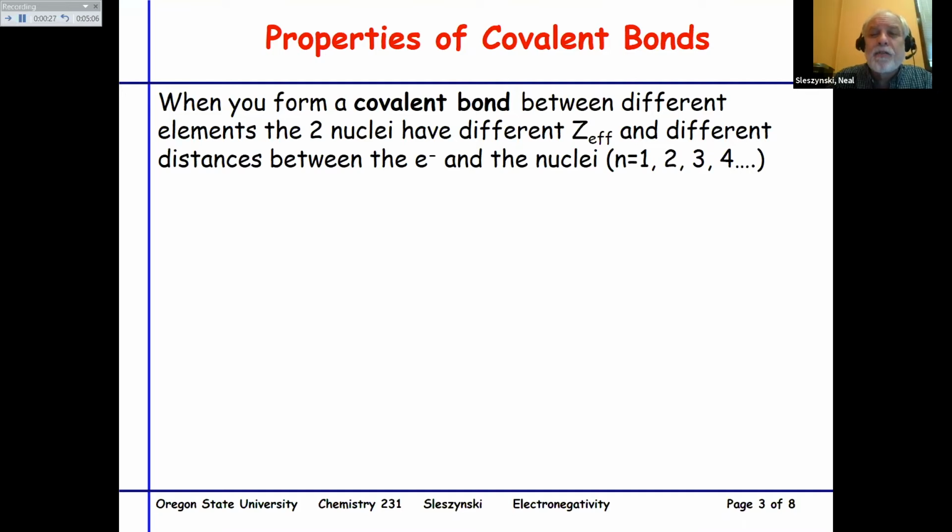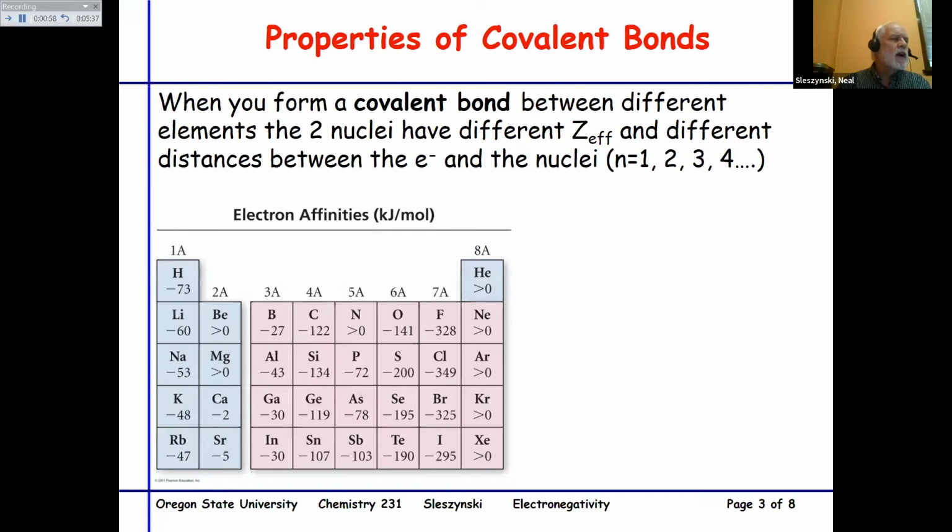But if the Z effective is different between two nuclei, when those nuclei go to form a covalent bond and share electrons, those nuclei attract those shared electrons at different energy levels, and that's going to determine the distribution of those shared electrons and the distances between those shared electrons and the individual nuclei in the elements forming a bond.